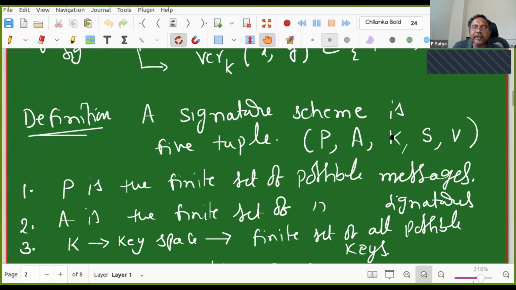K is the key space, a finite set of possible keys. S is the signing algorithms, a set of algorithms. V is the verification algorithms. That is what the digital signature scheme contains: plain texts, signatures, key space, signing algorithms, and verification algorithms.